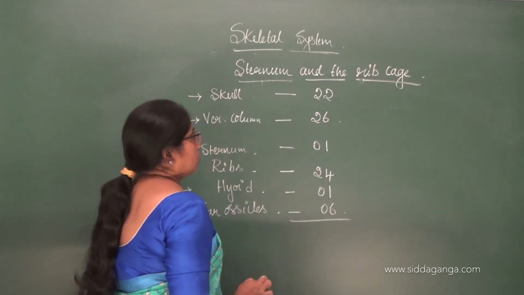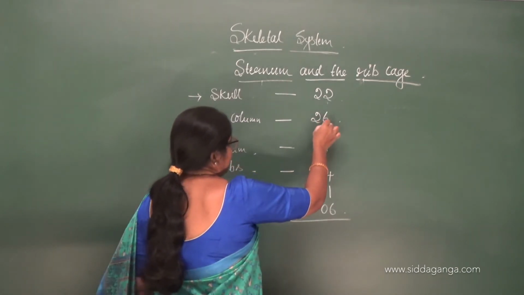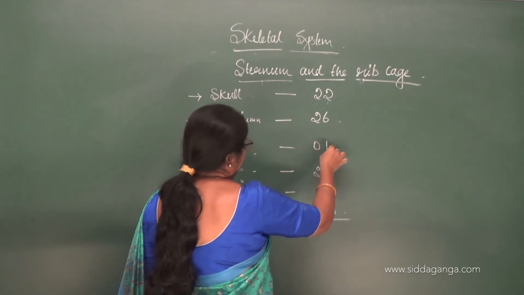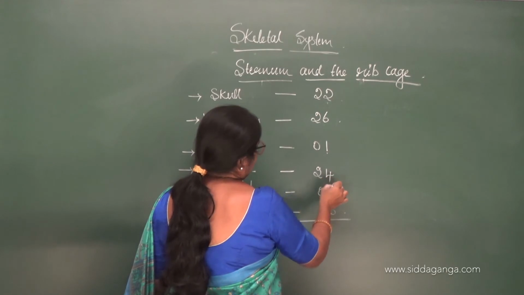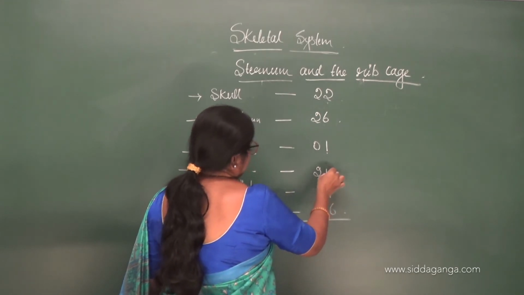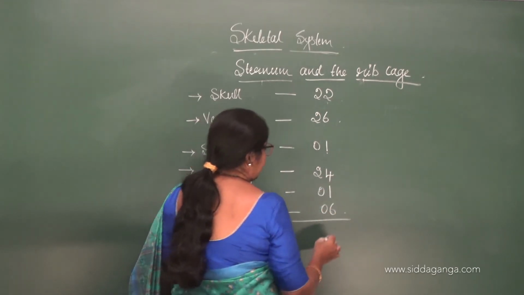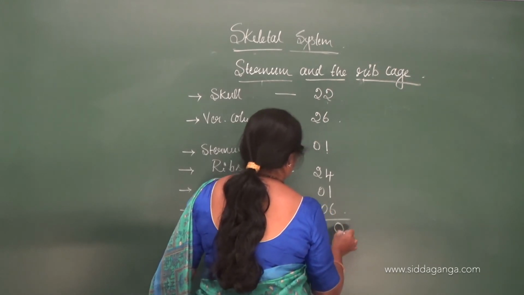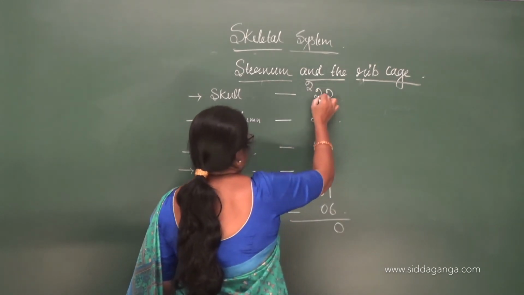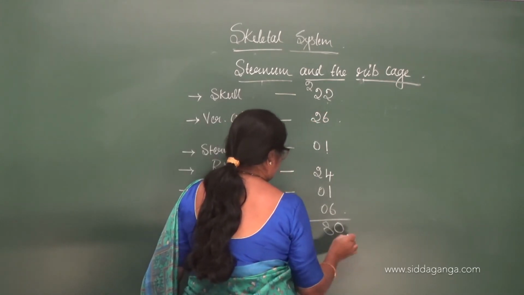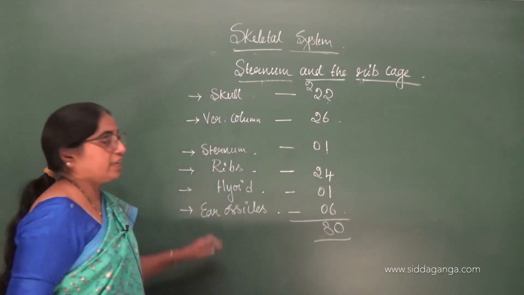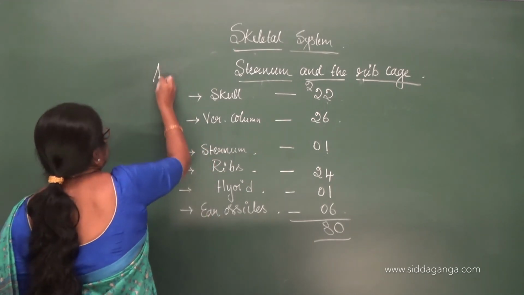So look at the count. 2 plus 6 is 8, 8 plus 1 is 9, 9 plus 1 is 10, 10 plus 10 is 20, so 0, 2 carry, 2 plus 2 is 4, 4 plus 2 is 6, 6 plus 2 is 8. Total of 80 bones in the axial skeleton.